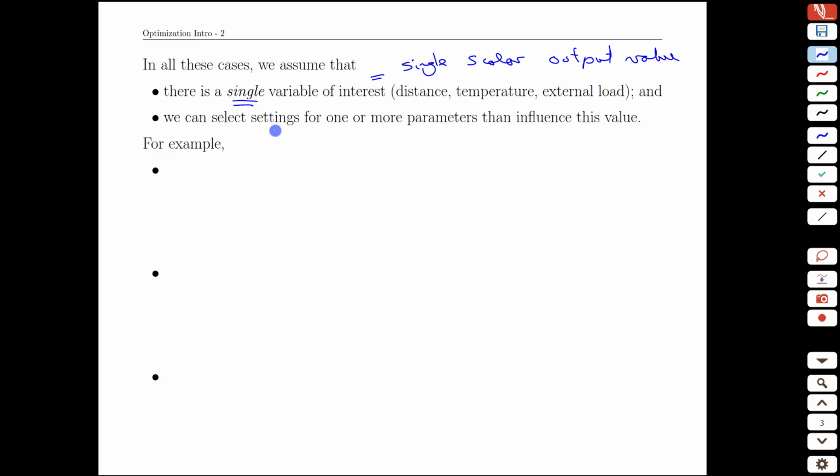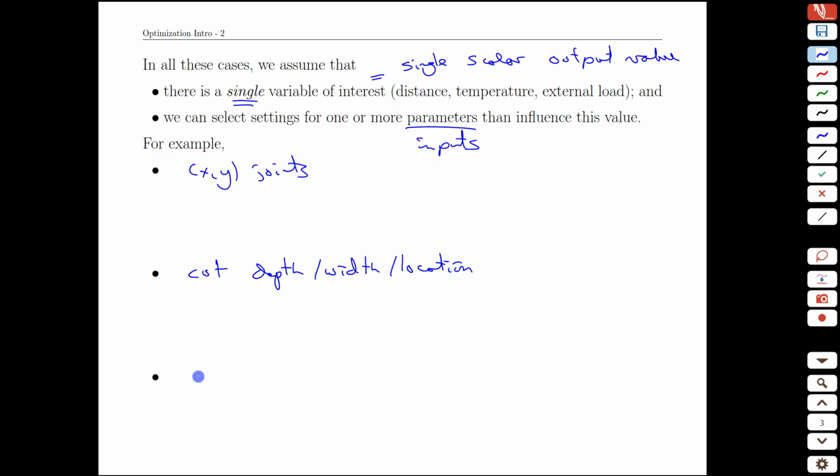With that in mind, we can then focus on the parameters or the inputs that affect this value. So basically the same list we just talked about: the XY joint locations, the cut depth, width and location, and for the roller coaster, the XY of the supports for the track.